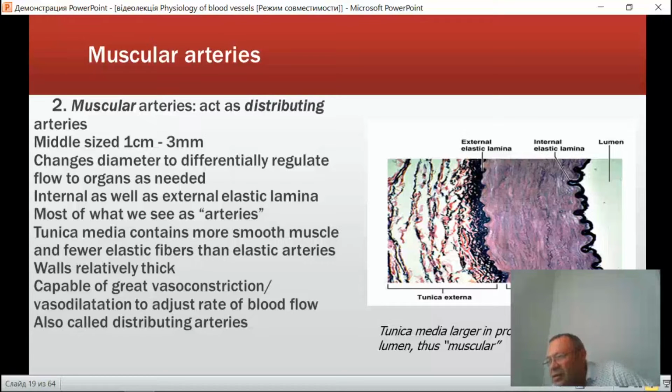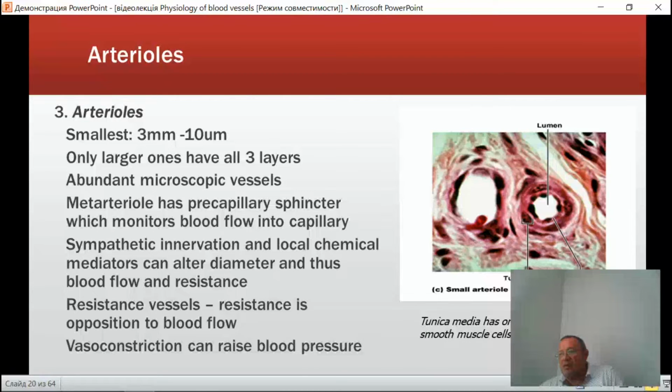On the figure you can see the structure of the tunica media and different layers, and the tunica media and tunica externa. These layers. Metarteriole has a precapillary sphincter, which monitors blood flow into the capillary.